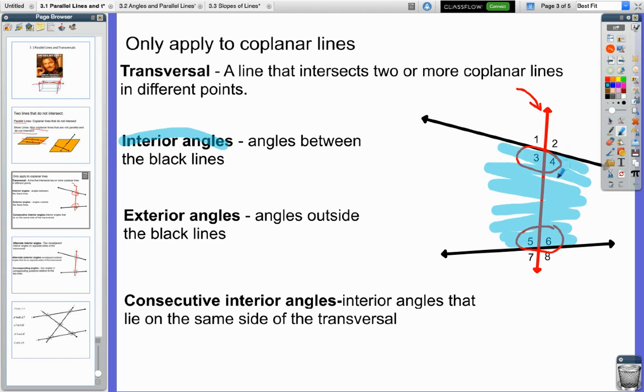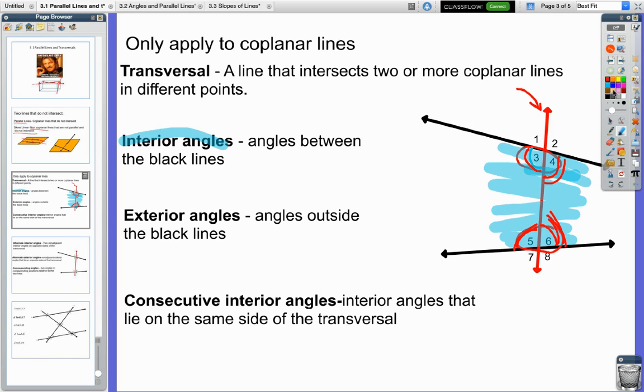In this case, there are 4 angles: angle 3, angle 4, angle 5, and angle 6. Let's change the color on that. There we go. Angle 3, angle 4, angle 5, and angle 6. So those are our 4 interior angles.